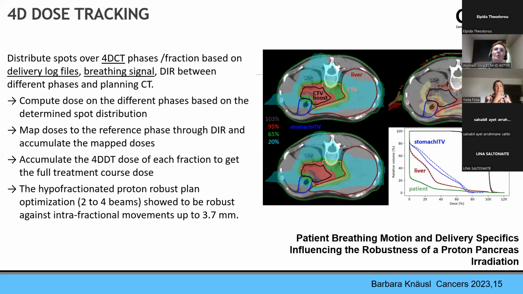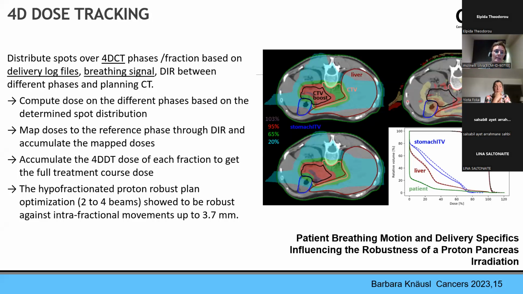And then ideally, you should also have a real-time imaging of the patient. The weak point is that you have to use the most recent 4D CT, the most recent 4D imaging of your patient.